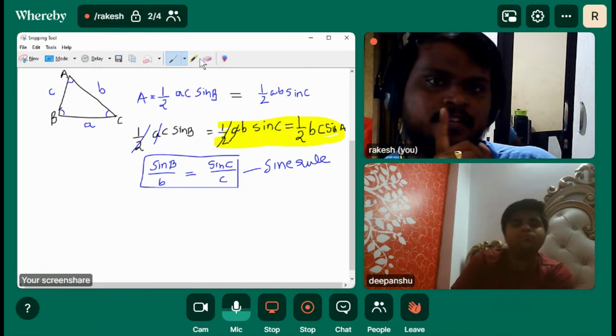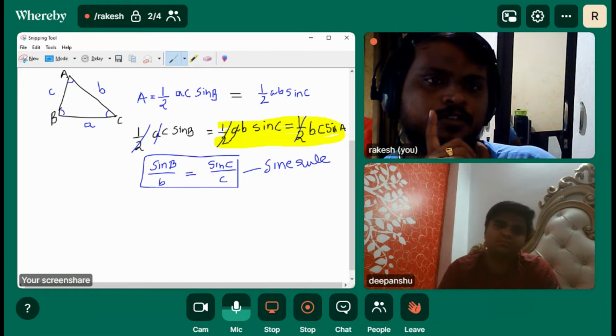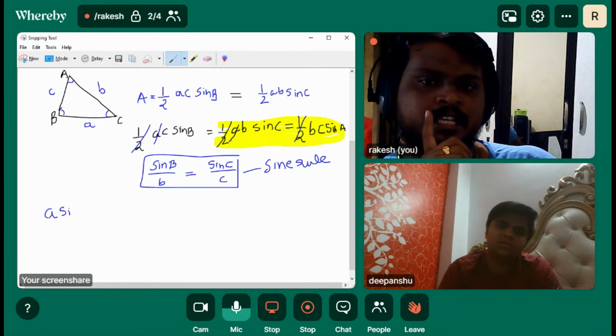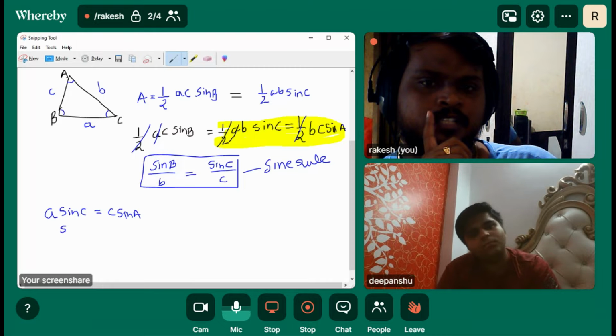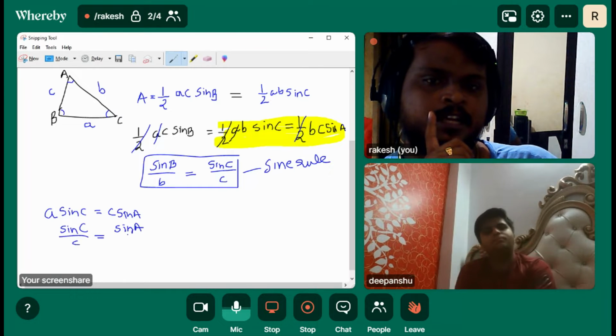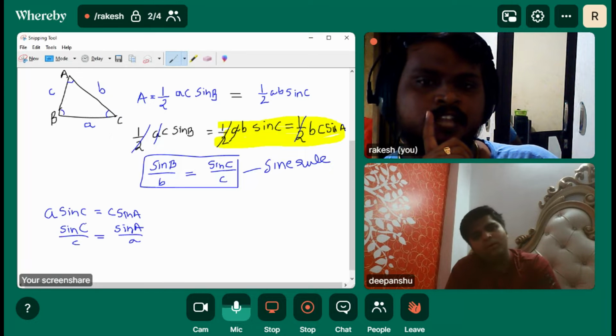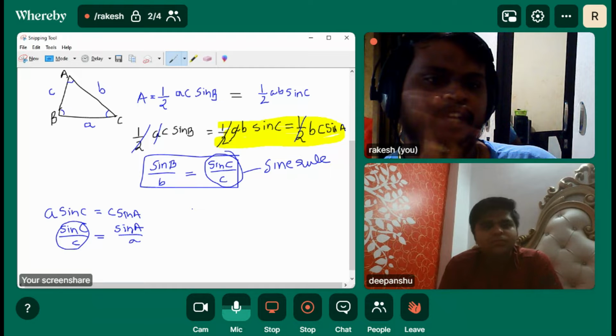Half will cancel out, B will also cancel out. So what remains? C sin A, sin C upon C, sin A upon A. So sin C upon C is nothing but sin B upon B. Therefore all three are equal.